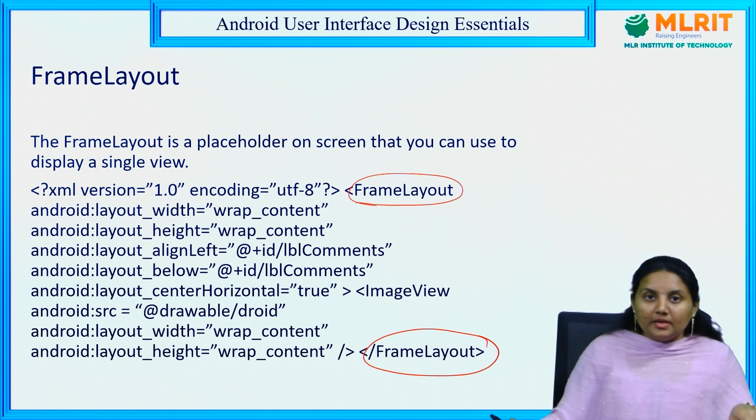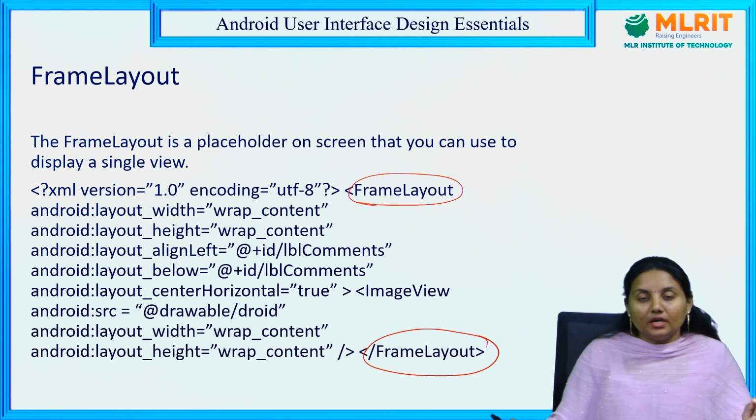For frame layout we are using FrameLayout only; the only thing is the first letter of every word will be a capital letter. Similarly absolute layout, linear layout, relative layout, everything we are just giving the same name. So there is not much ambiguity in remembering the name of the layout.